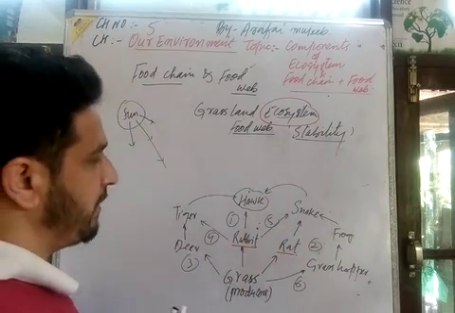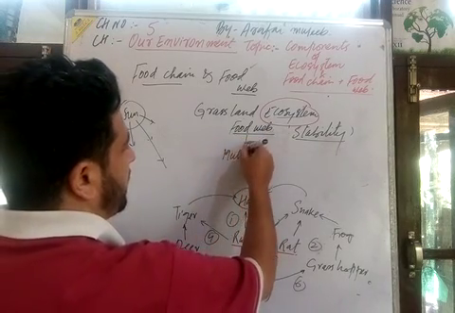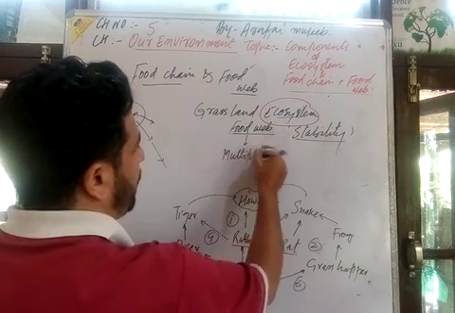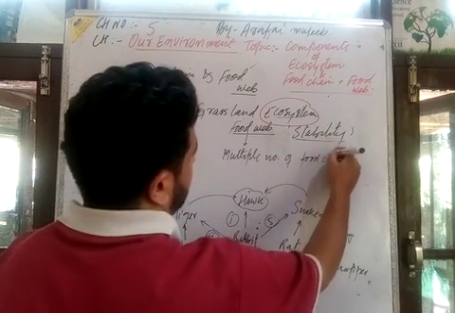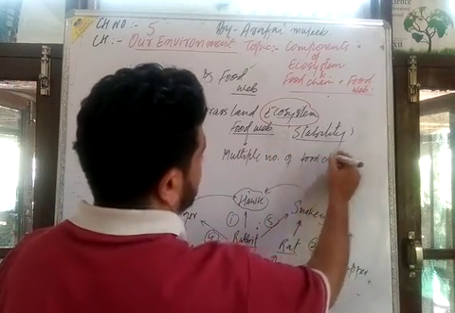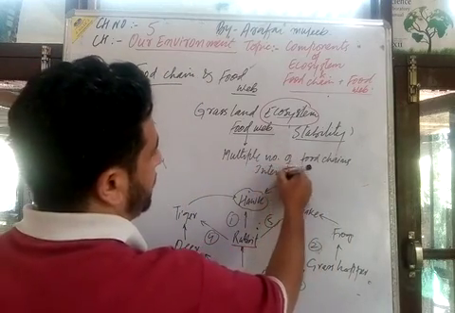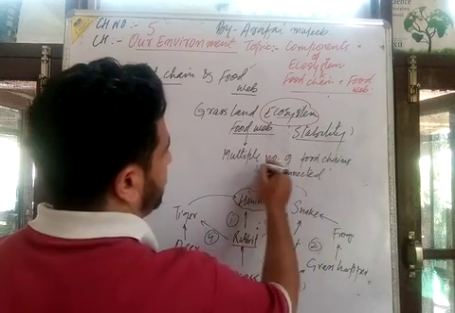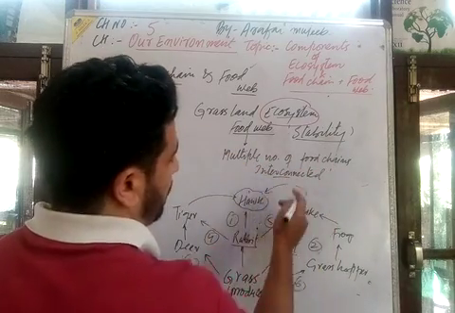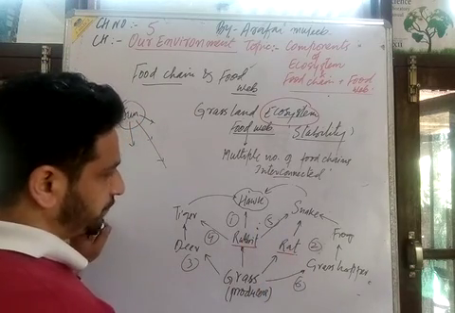In a food web there are multiple food chains. When the food chains are interconnected, the organisms have the option to feed on different organisms.